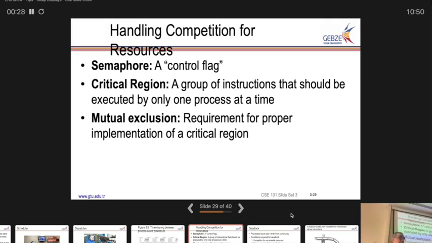Variables, for example: there is a variable called I. That I variable can be manipulated by multiple processes, or multiple threads in a program, if it is shared. So who is going to access that variable becomes an issue, especially when you are doing parallel computation.